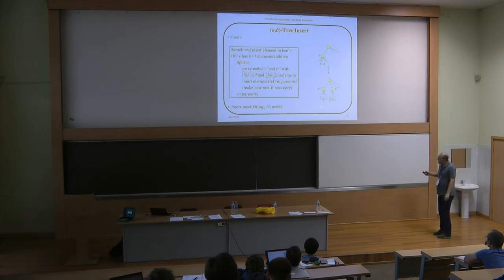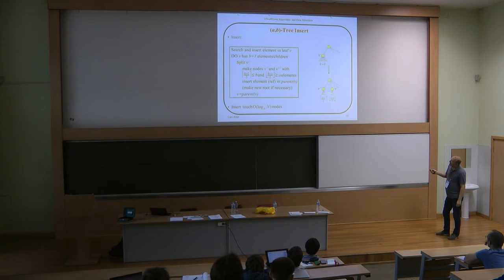Now you asked about A. There's actually one thing that's important here, right? When I take this node V and I split it into 2, I want to make sure that its nodes are okay, right? What does it mean to be okay? They have to have at least A elements and at most B. They definitely have at most B, right? But what about A?